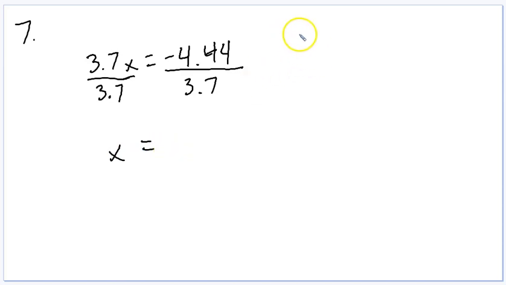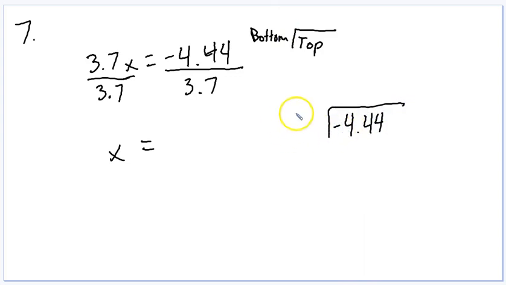So I hope everybody remembers that when we do long division to solve this, top goes on the inside, bottom goes on the outside. Okay? So we put negative 4.44, and then 3.7. Along with the top on the inside, bottom on the outside, I hope everyone remembered that we cannot divide with the decimal on the outside. So we have to move the decimals.